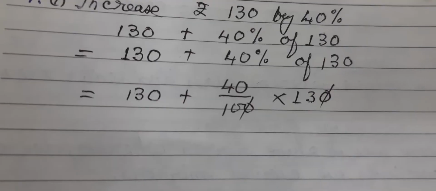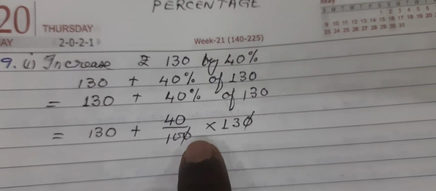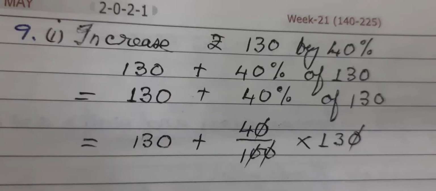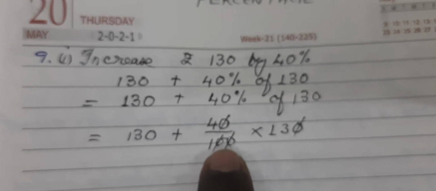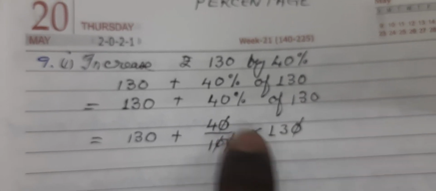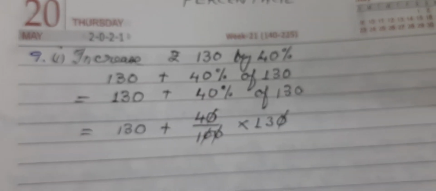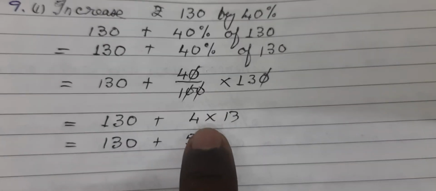The 0 from 130 and a 0 from 100 cancel. Similarly, the 0 of 40 and the 0 which remains from 100 also cancel. So we only have 13 into 4 in this part.